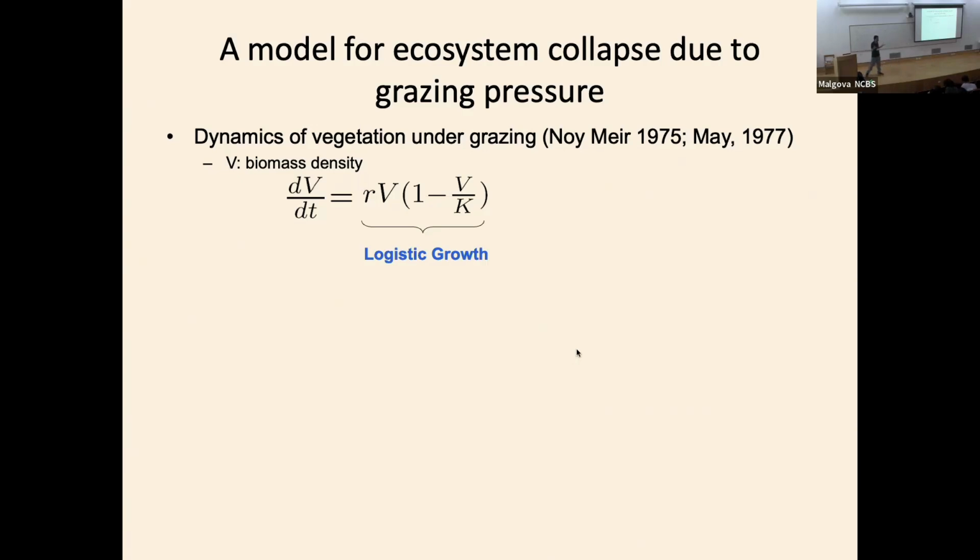The simplest example could be that if the biomass is that of grasses, maybe there are herbivores, grazers who consume it, and often this grazing happens in a non-linear way.